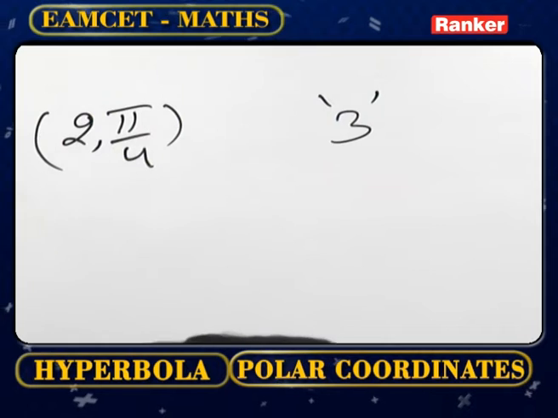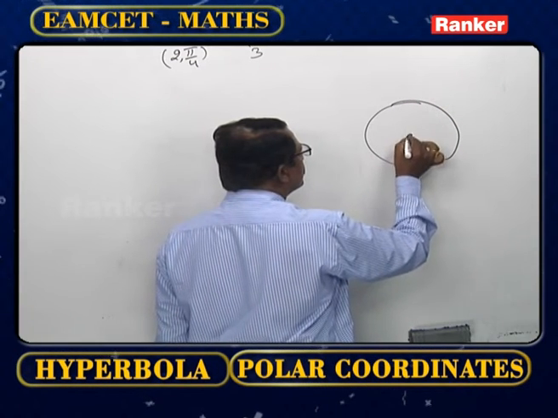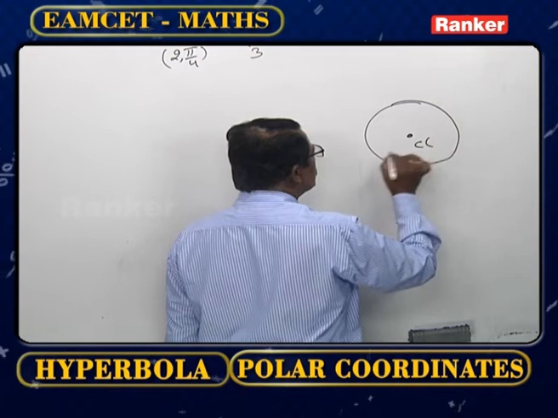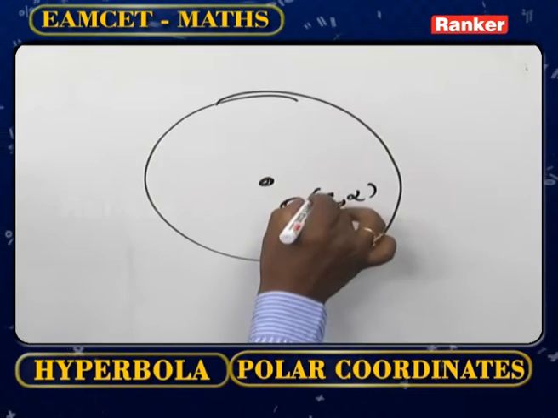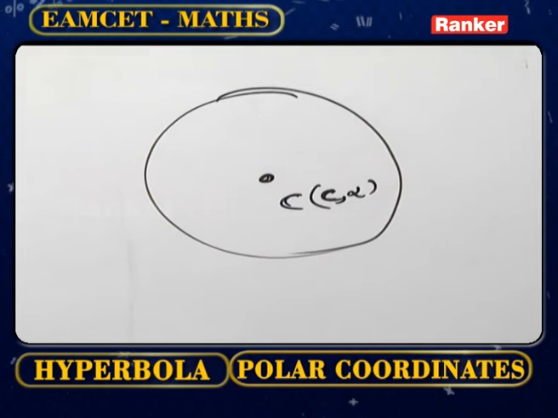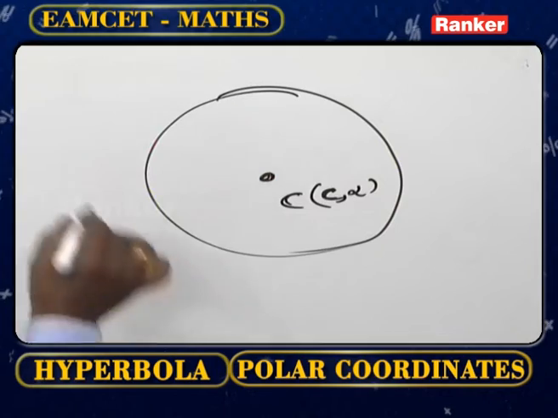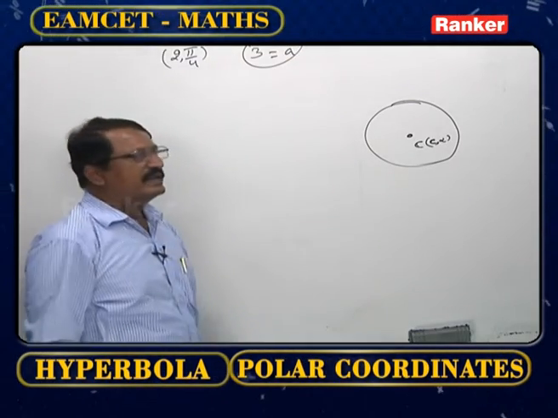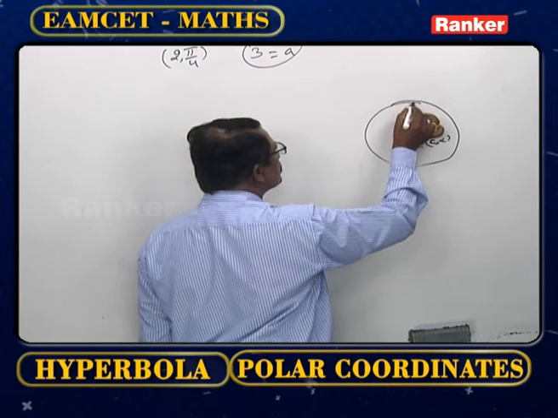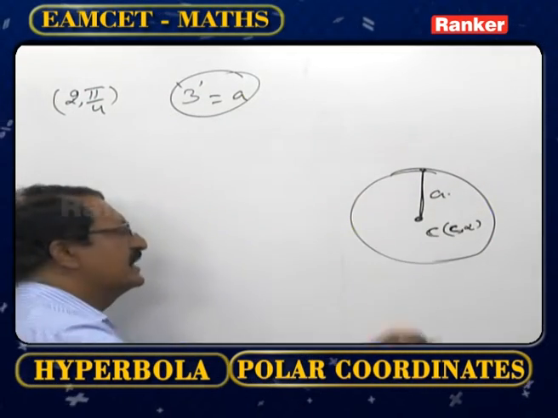Suppose the center of the circle is C comma alpha, here given 2 comma pi by 4, and the radius equals a units. Consider the radius of the circle as a.